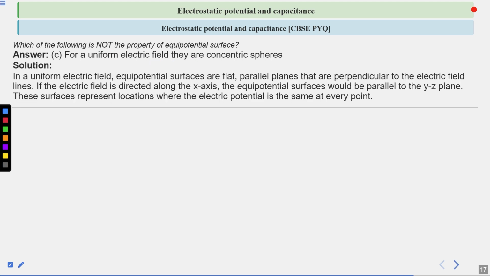So in a uniform electric field, equipotential surfaces are flat parallel planes that are perpendicular to the electric field lines.